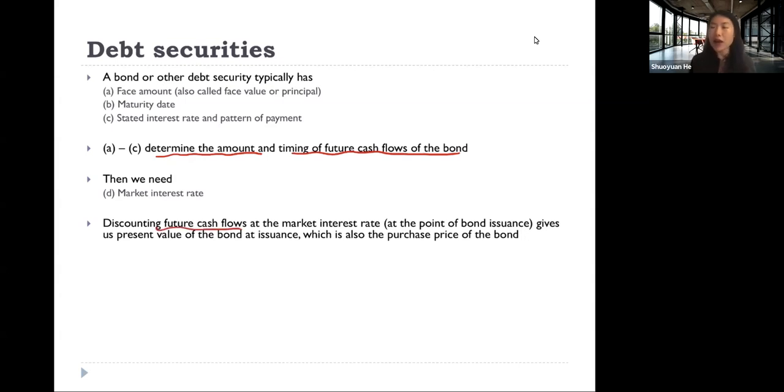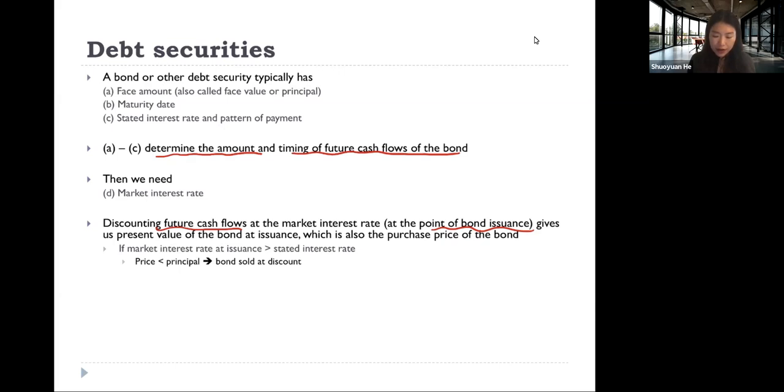Discounting future cash flows at the market interest rate at the point of bond issuance gives us the present value of the bond at issuance. And if this is a fair market, meaning that this bond is traded at its fair value, then this should also be the purchase price of the bond.